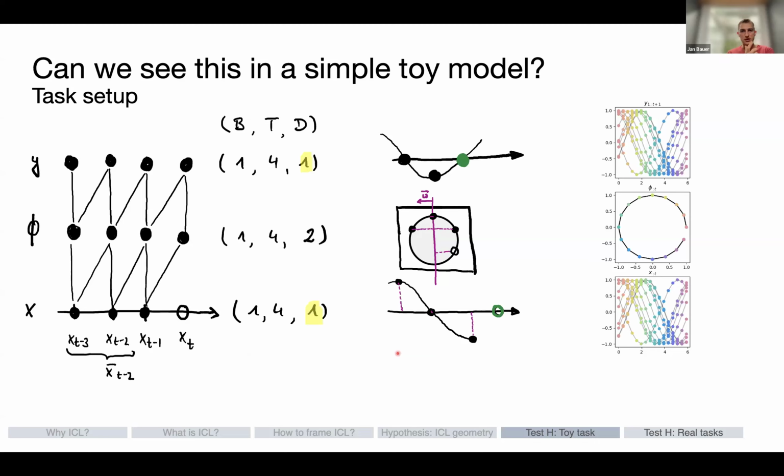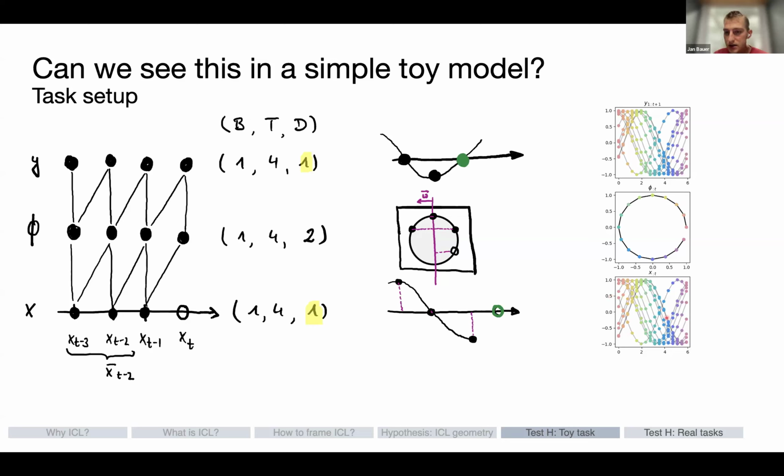So here's the toy task. And I put here some dimensions for the people who are familiar with it. Maybe it helps. So what was the idea with this toy task? What we wanted to do is what I showed in the earlier slides, namely time series forecasting in the simplest example that you could think of, which is a 1D time series.